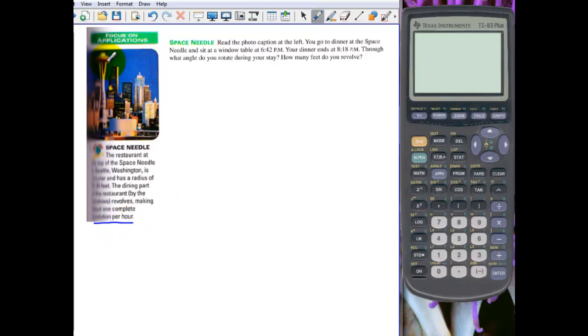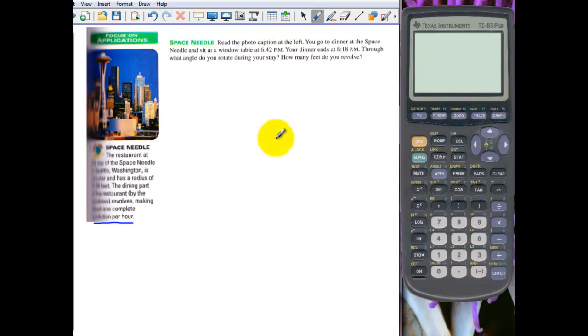If you make reservations, you can get a seat on a table right on the outside along the windows, and you can sit there and dine and see the entire panorama of Seattle, the Olympic mountains, and you can see Mount Rainier in the back. It's really a gorgeous place. If you ever get a chance to go to Seattle, you might want to eat there.